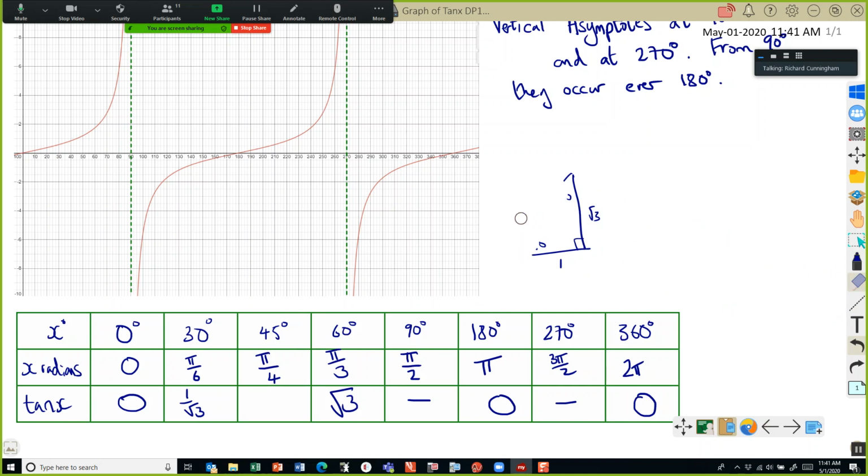Tan of 45 is? I'm sure you're all telling me the answer, you're just all on mute. 1, thank you. Okay, so tan of 45 is 1. So these values you have to know, okay? You have to be aware of all these values.